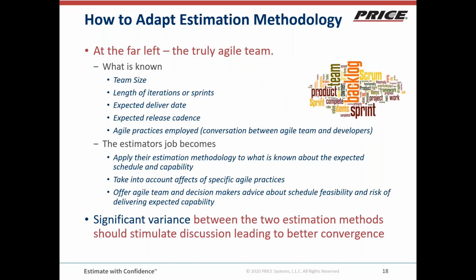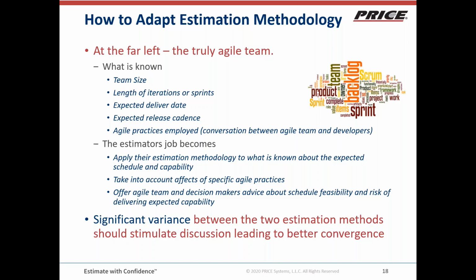So the truly agile team, and I believe there's value in performing a formal estimate even if the team is truly agile, because it just adds credibility to the estimate that they've developed using simple math and helps eliminate or address uncertainty in what the agile team thinks they can do and what they think they can deliver.